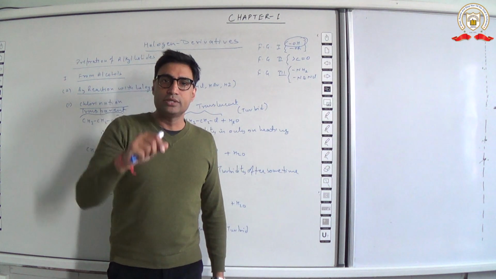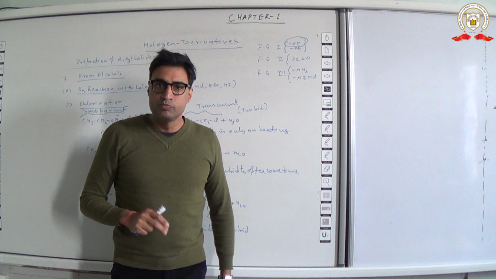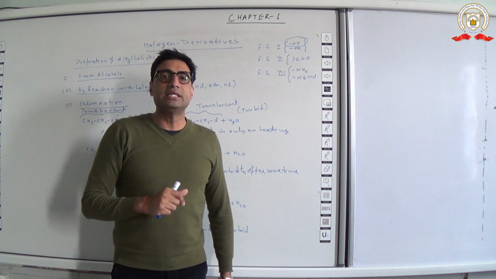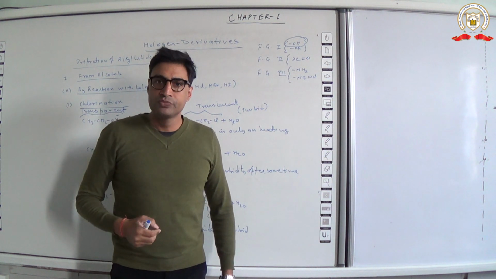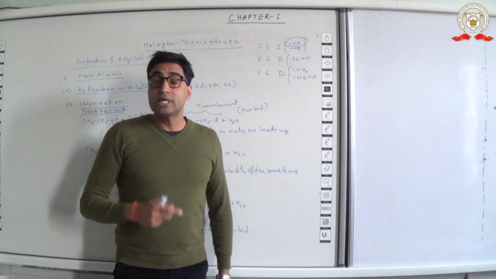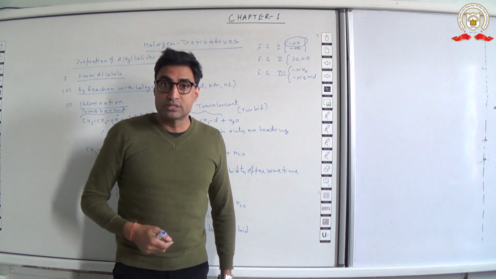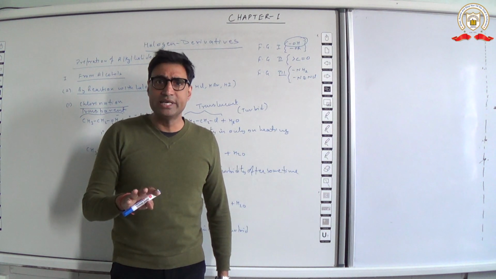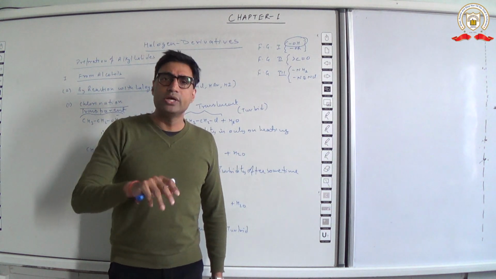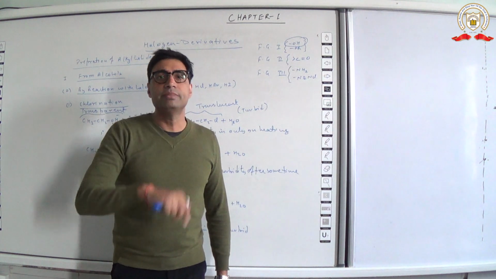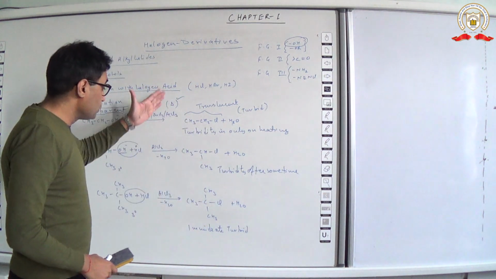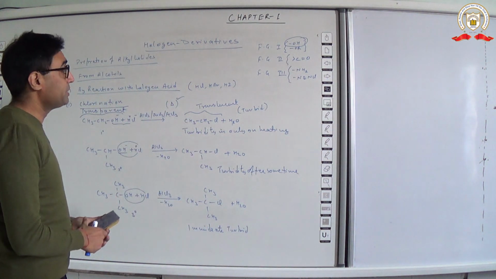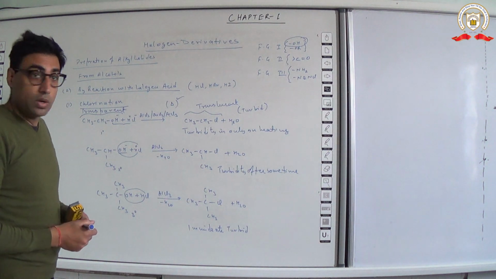If I add some HCl and some AlCl3 and immediately get turbidity, it is a 3-degree alcohol. If I get turbidity after some time, 2, 3, 4, 5 minutes, it is a secondary alcohol. But if I am not getting turbidity at all and it comes only on heating, it is a primary alcohol. So this is used as a test to differentiate between primary, secondary and tertiary alcohols.